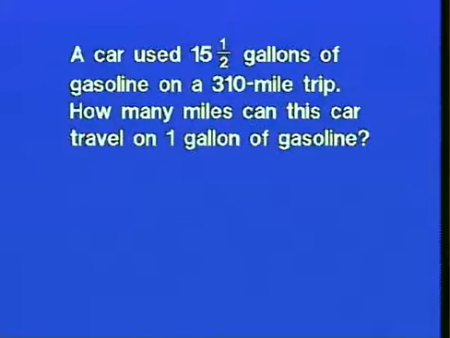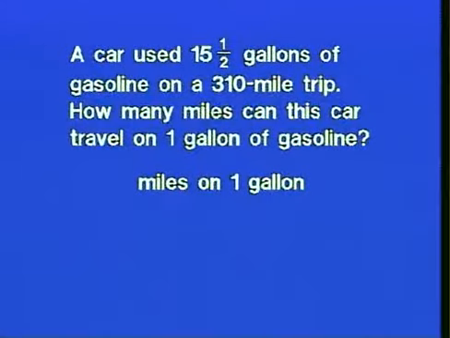Here's another problem that is solved by dividing mixed numbers. It says a car used 15 1/2 gallons of gasoline on a 310-mile trip. How many miles can this car travel on 1 gallon of gasoline? So the interpretation in the last sentence is that we want the miles on 1 gallon.